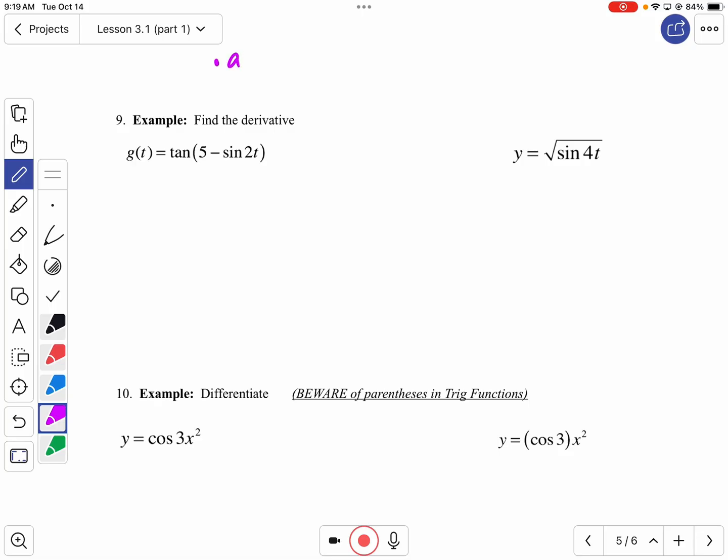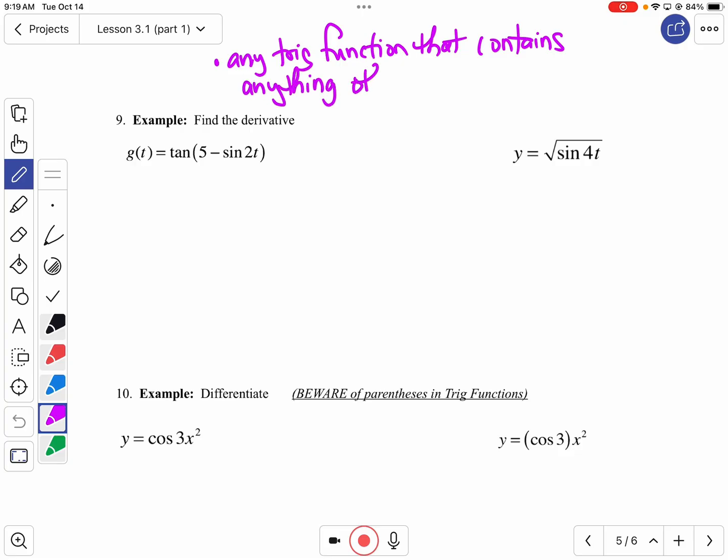Any trig function that contains anything other than an x is a composition. Or any trig function to a composition, always. So just as a reminder.